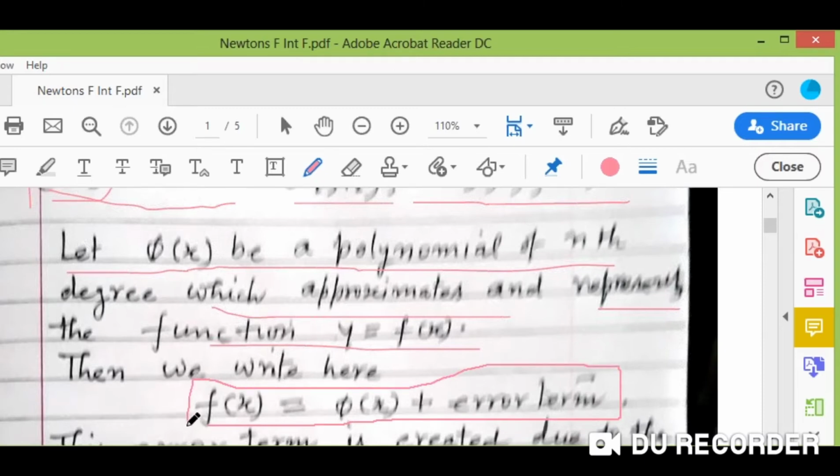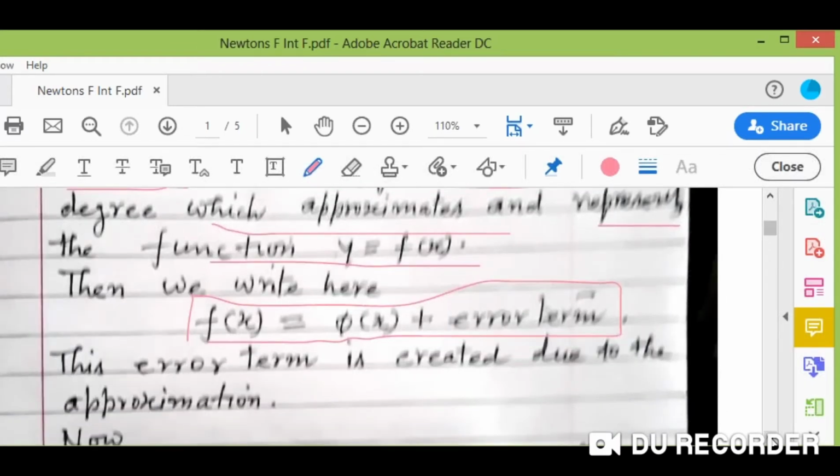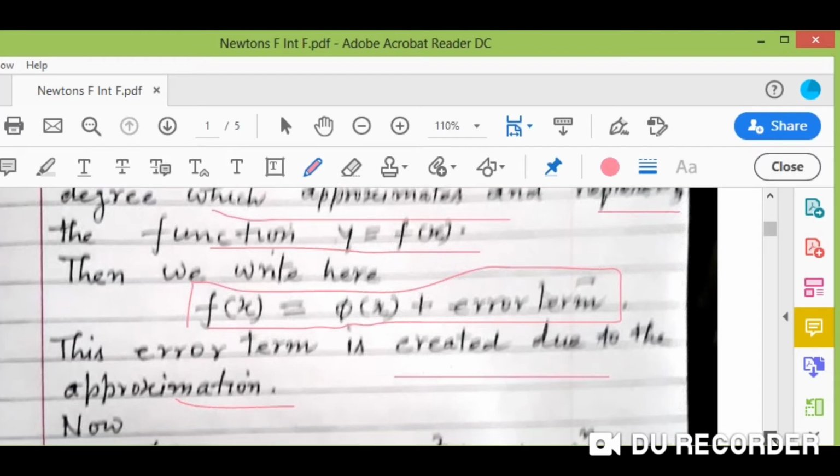This is the simple concept of the interpolation. When we approximate any function with the help of the polynomial, then naturally approximation produces the error, and we have already discussed a whole chapter about the error: types of the error, the reasons for the error, how to compute the errors, the relative errors, the absolute errors, all kinds of errors. Now this error term is created due to the approximation.